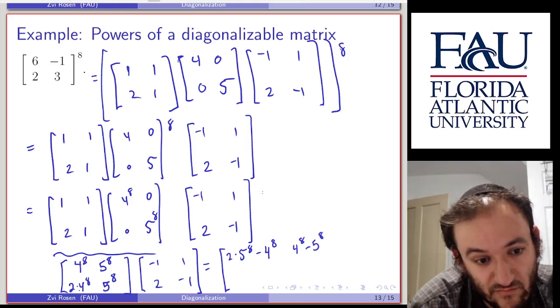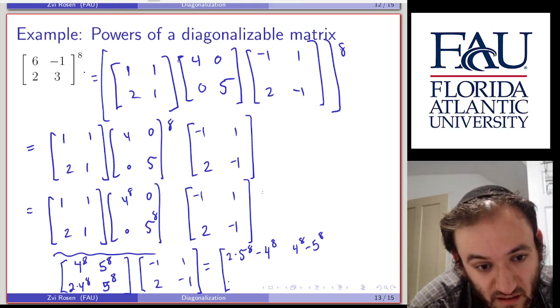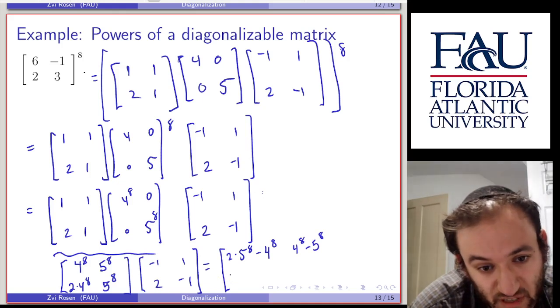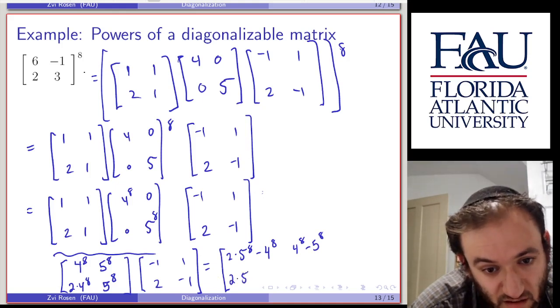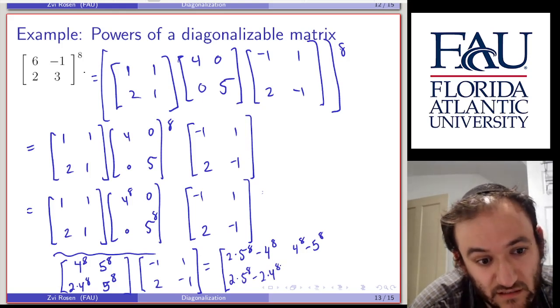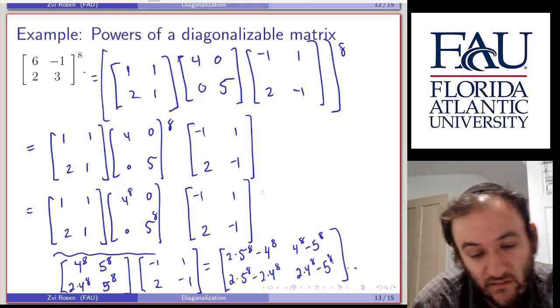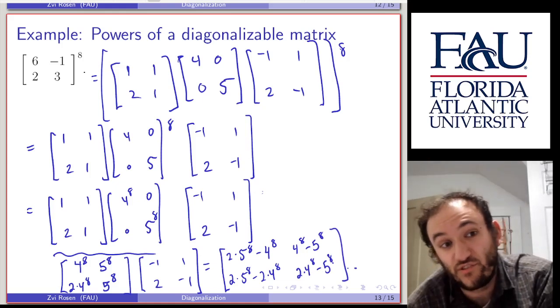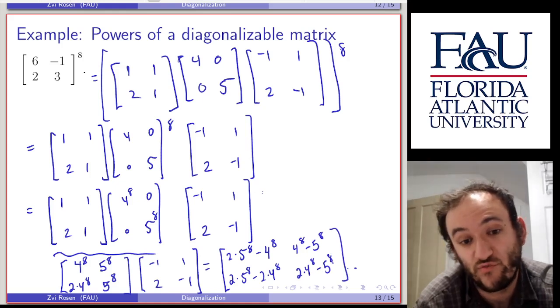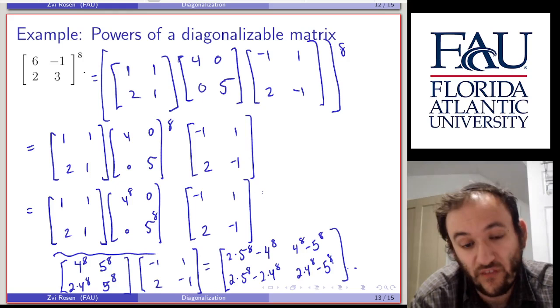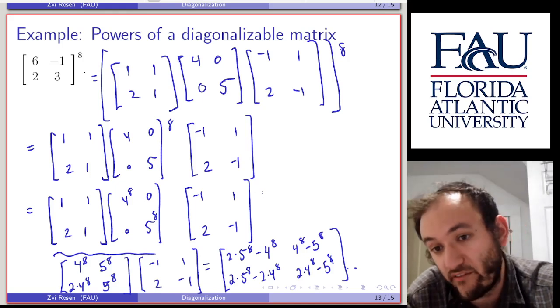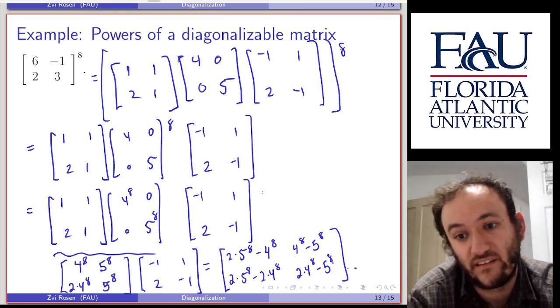And then it's minus 2 times 4 to the 8th plus 2 times 5 to the 8th, and 2 times 4 to the 8th minus 5 to the 8th. Okay, and that's your answer, without having to do 8 different multiplications of 2 by 2 matrices. If you want the explicit answer, you just have to plug 5 to the 8th and 4 to the 8th into a calculator.